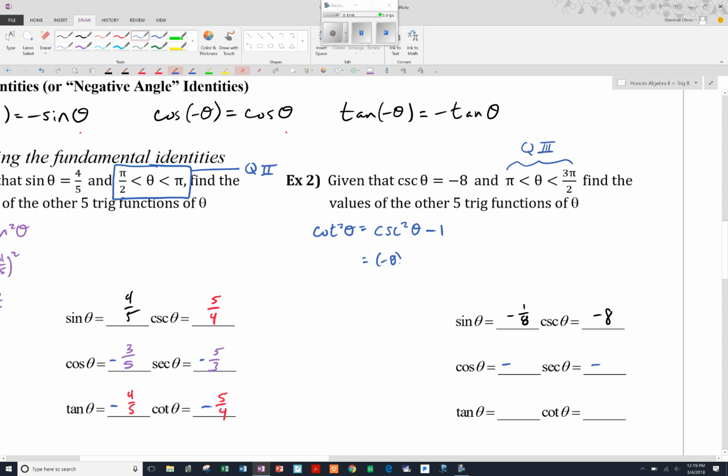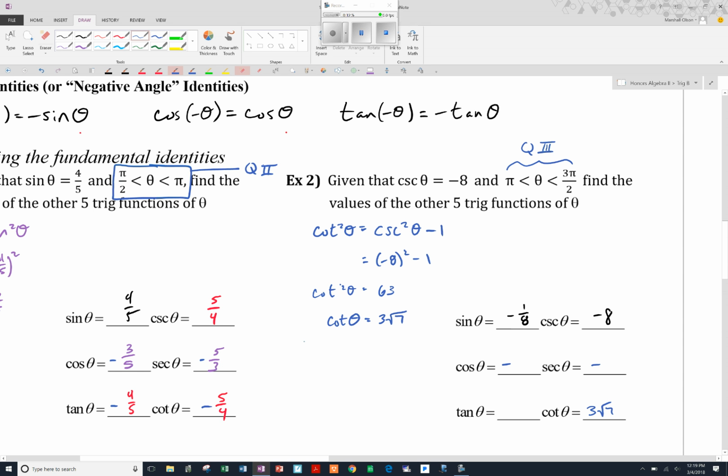Cosecant is -8. So we have 64 minus 1, which is 63. That cotangent squared is 63. And that cotangent itself would be the square root of 63. 63 can be broken down into 9 and 7, so that would give us 3 square roots of 7. So that's the cotangent value, 3 square roots of 7.